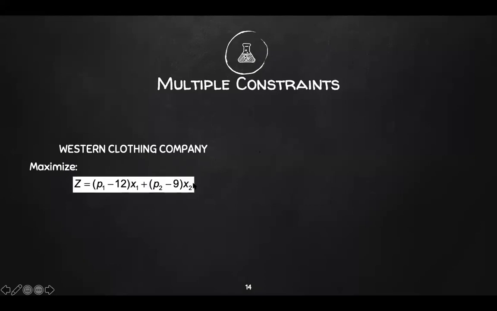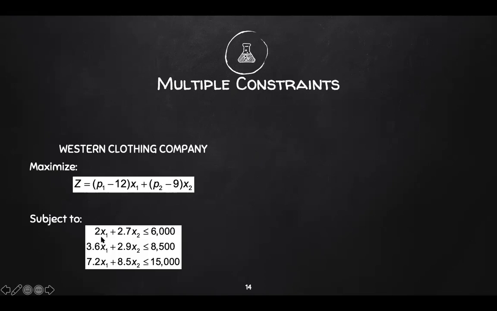So meron siyang profit, maximized profit, which is price or P1 minus 12 times X1 plus P2 minus 9 times X2. So ano ba yan? Subject to these constraints. 2x1 plus 2.7x2 is less than or equal to 6,000.